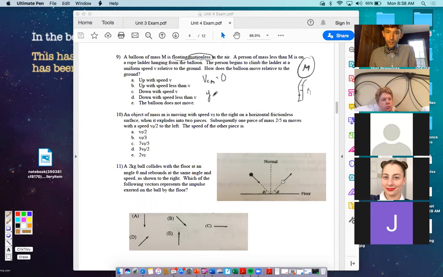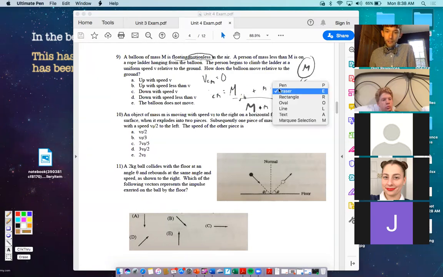If I were to write an equation for what the center of mass is, it's going to be big M times the y coordinate of the balloon plus little m times the y coordinate of the man divided by big M plus little m. And if instead of looking at their y coordinates, I looked at their y velocities, then I can change this to velocity of center of mass.